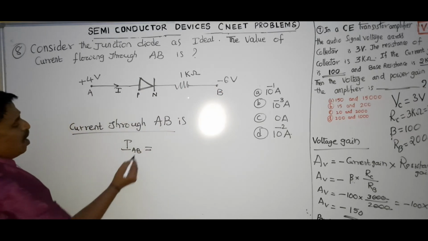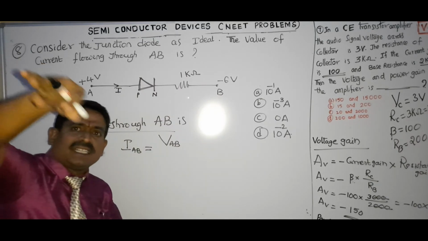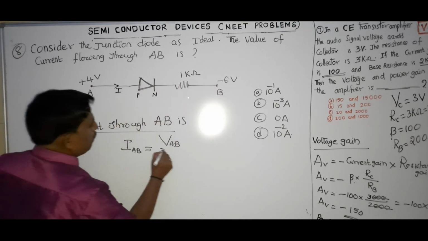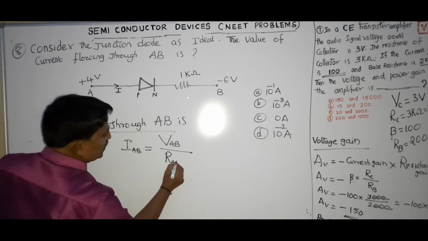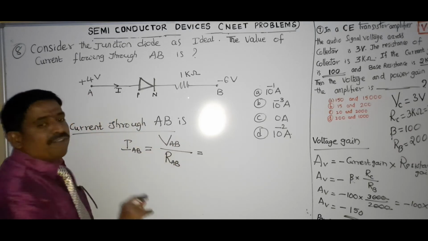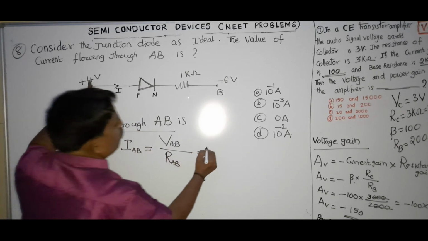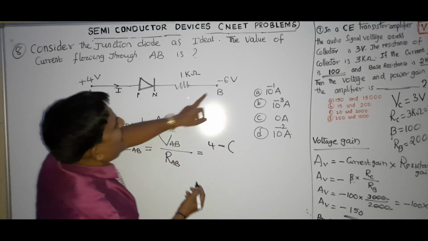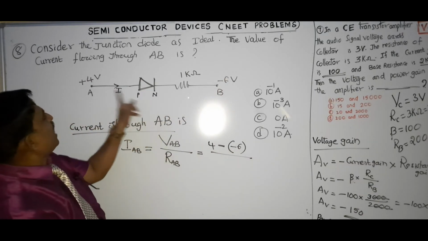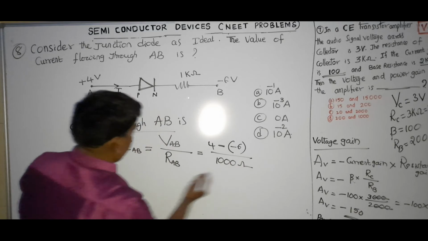is equal to potential difference across AB by resistance across AB. Due to height difference, water flows; due to potential difference, current flows. Potential difference is more value of potential minus less value. More potential value 4 minus less potential minus 6, by resistance across AB, 1 kilo ohm, nothing but 1000 ohm.